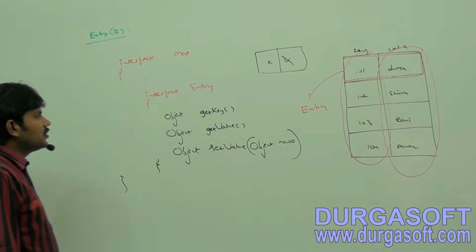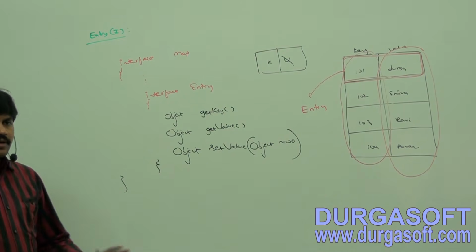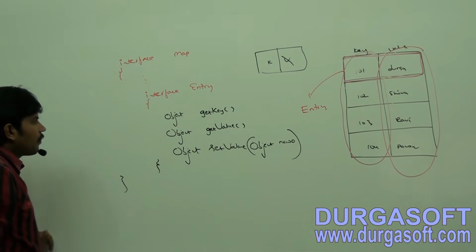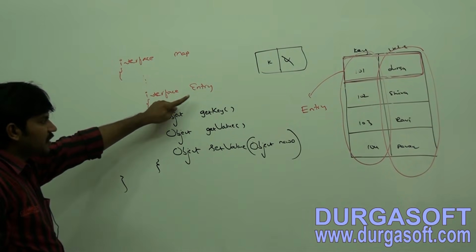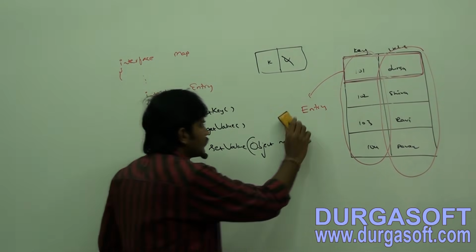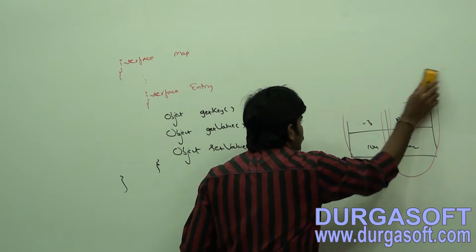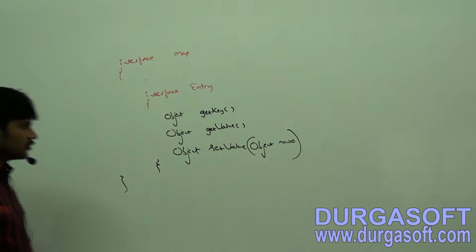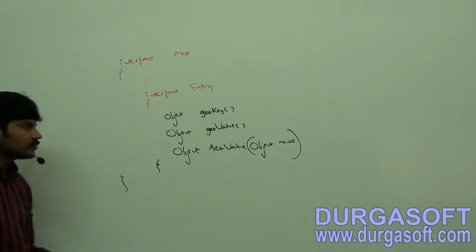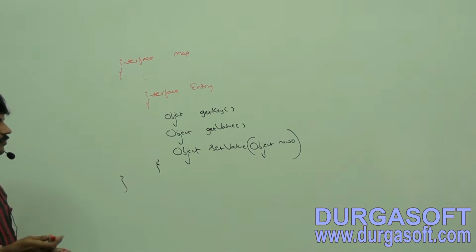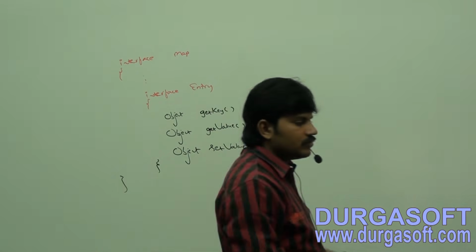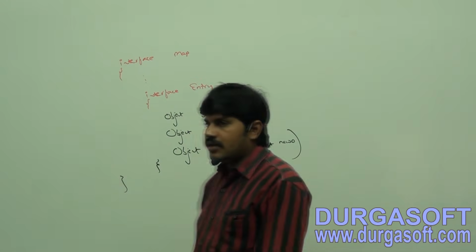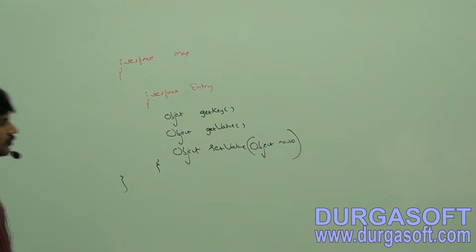So make sure this is what you people should be aware of. Now take this diagram. Interface Map, and in that, interface Entry, with Object getKey, Object getValue, Object setValue.